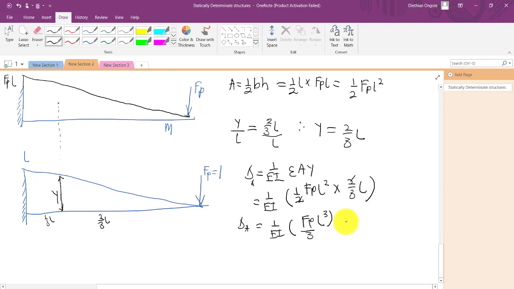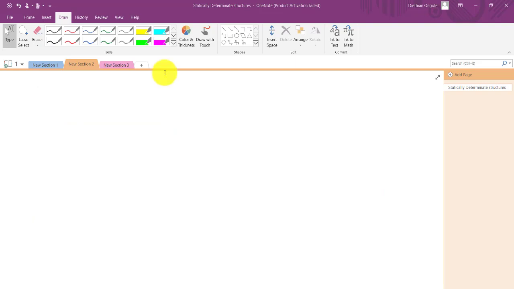This can also be written as 1 over 3 EI FPL cubed. Then next we look at the displacement at point C.